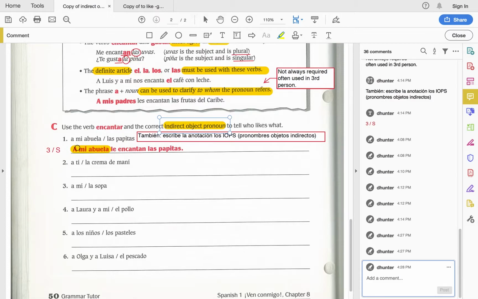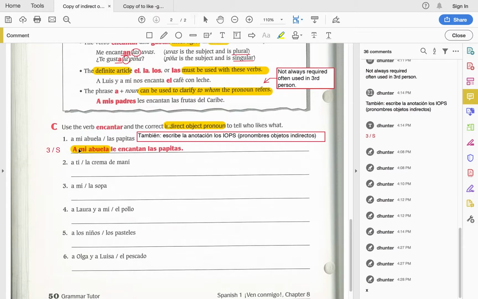Number 1 says, a mi abuela le encantan las papitas. Bien. We've written a mi abuela, then we've added in the correct IOP. After writing in the correct IOP, we then want to write in the correct form of encantar.